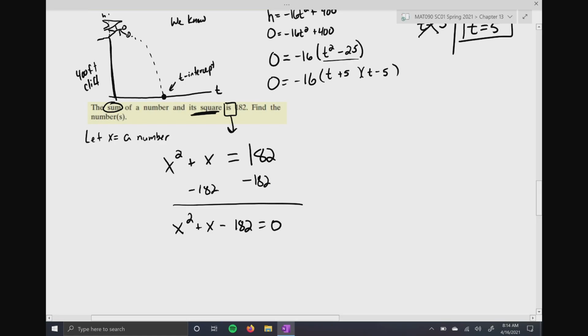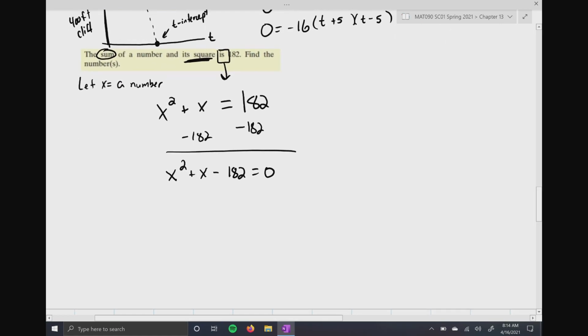My polynomial type is a trinomial with 3 terms, and a 1 is up front, so that's good. So I can go directly into this. Now, let's fill in our signs and the x's. I need a plus and I need a minus. Now I have to find the factors of 182.